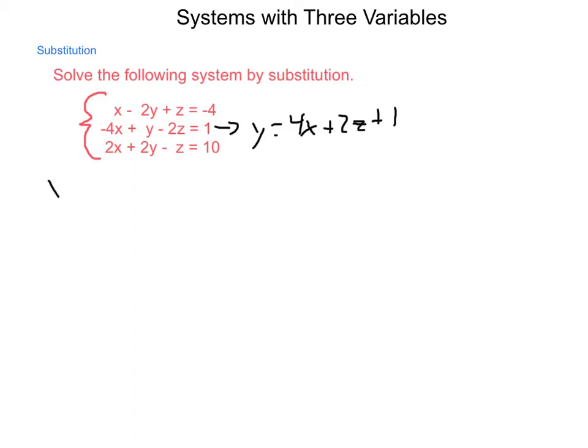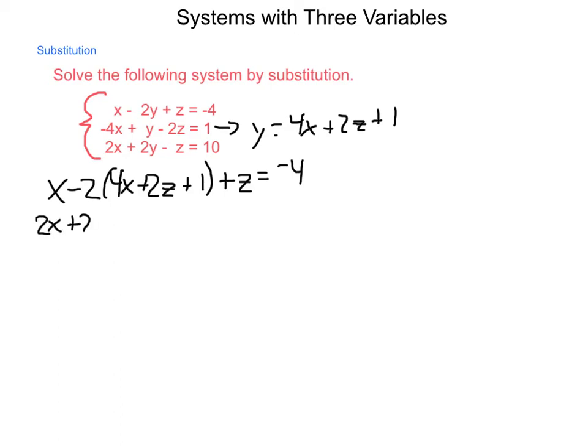So I have x minus 2 times 4x plus 2z plus 1, plus z equals negative 4. And in my third equation, I'll have 2x plus 2 times 4x plus 2z plus 1, minus z equals 10.